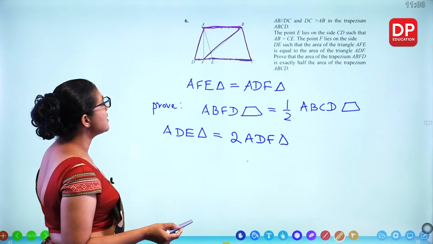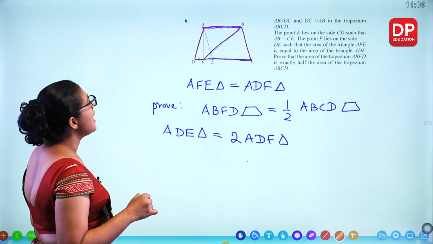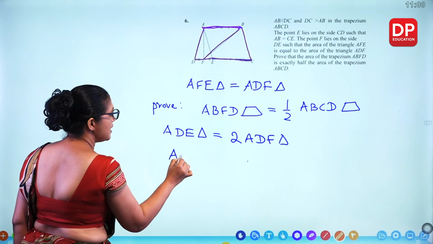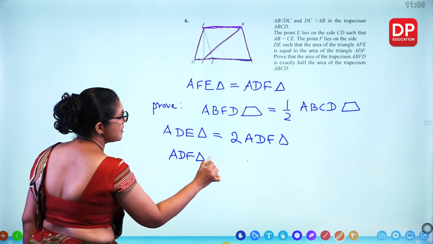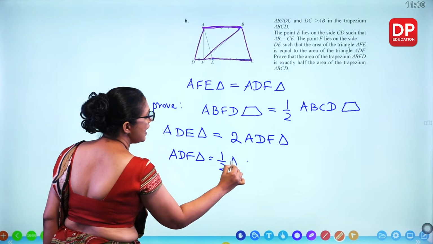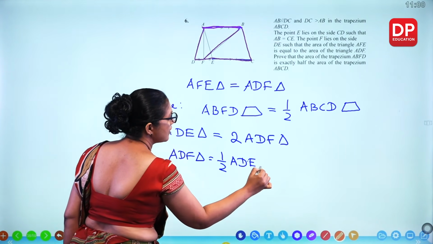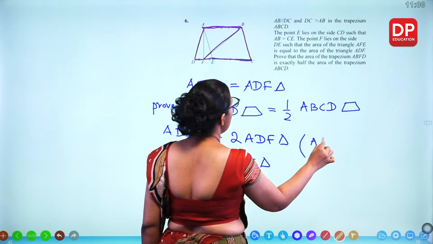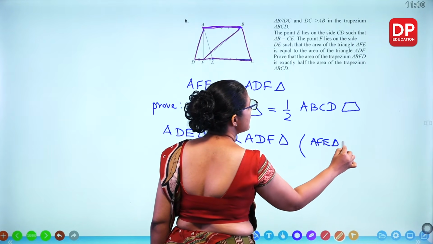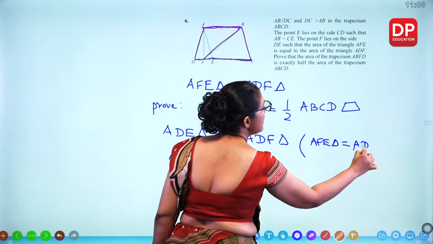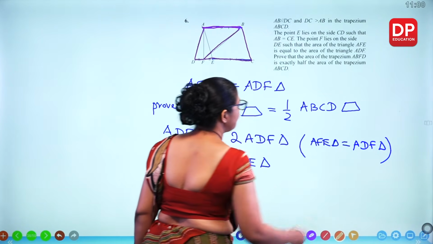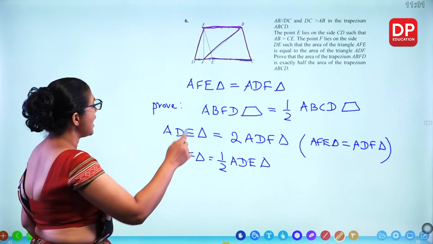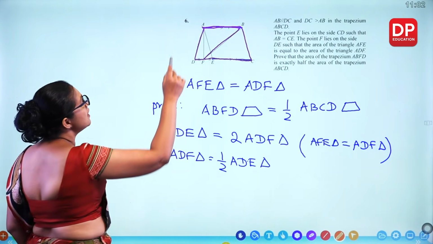Or in other words, I can write ADF triangle is half of ADE triangle. Because it's given. What's the reason? AFE triangle is same as ADF triangle. That's the first part.